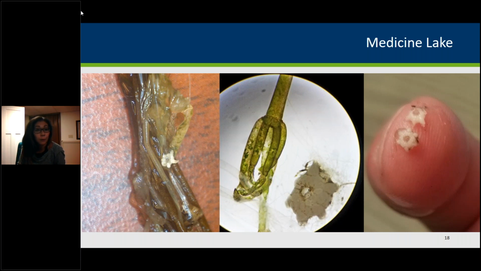Here are some photos of what the watercraft inspector was able to retrieve. This was then shared with the DNR, which is normal operating procedure, and then we were able to take some better photos, look at it more closely, and verify and confirm it.